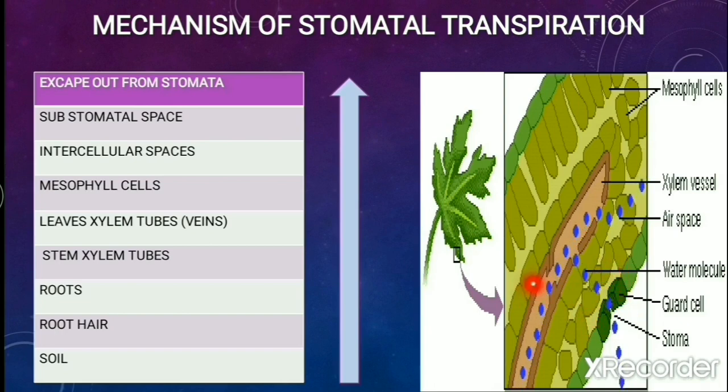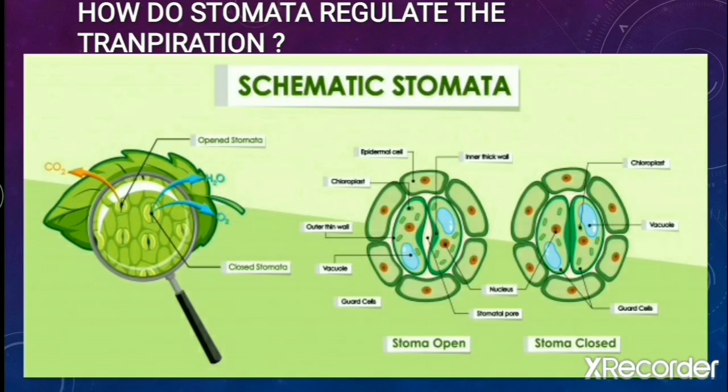Now water molecules from the xylem tube will come into the mesophyll cells, from the mesophyll cells into the intercellular spaces, then to the substomatal spaces, and finally the water will come out through the stomata by the process of diffusion. So this is the mechanism by which the water transpires out through the stomata.